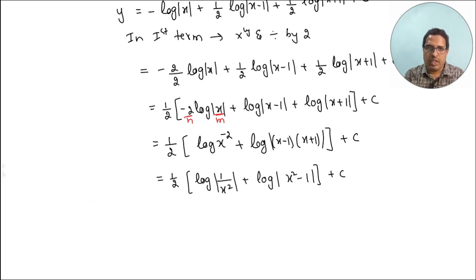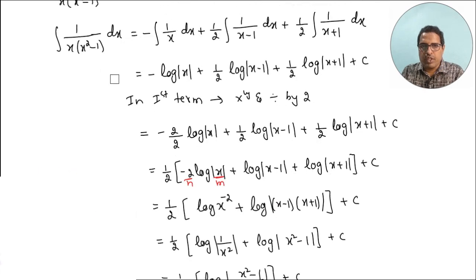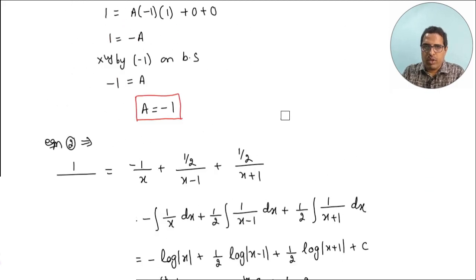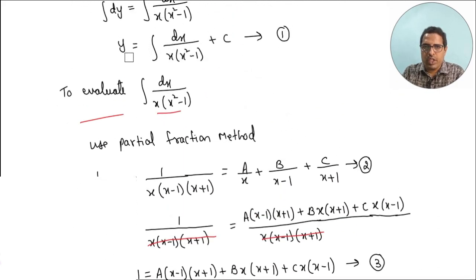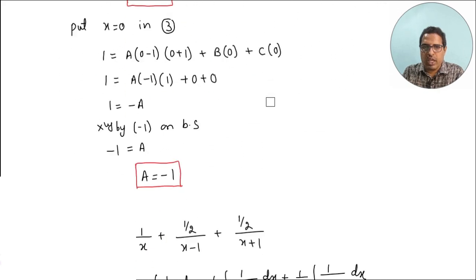It is again in the form of log m plus log n, which can be written as log m into n, which is 1 by 2 times of log of mod of x square minus 1 divided by x square plus the constant of integration c. This integral value from equation number 1 is nothing but y, so you can replace that by y.